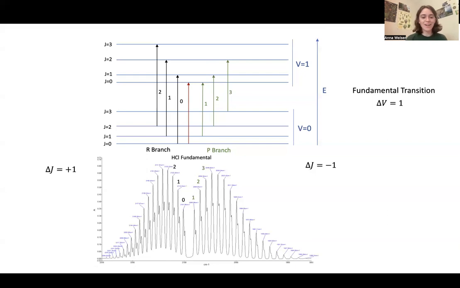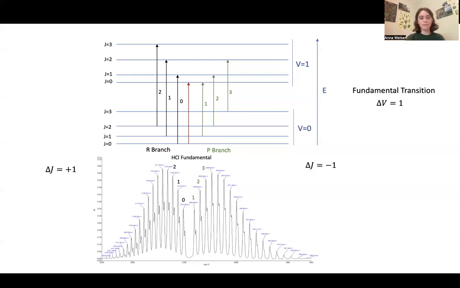Getting back though to the R and the P branch, we see that the R branch involves transitions from J to J plus 1 for V to V plus 1. And the P branch, contrastingly, goes from J to J minus 1 for also transitions of V to V plus 1.